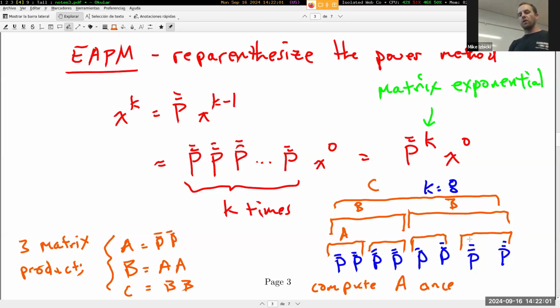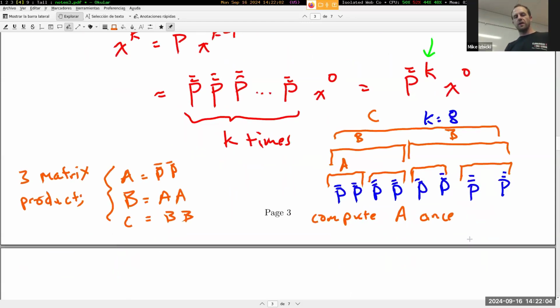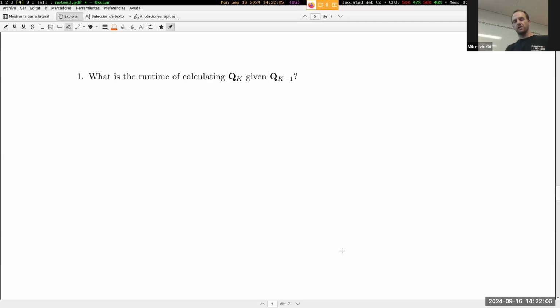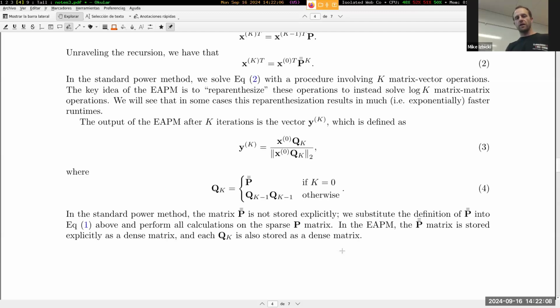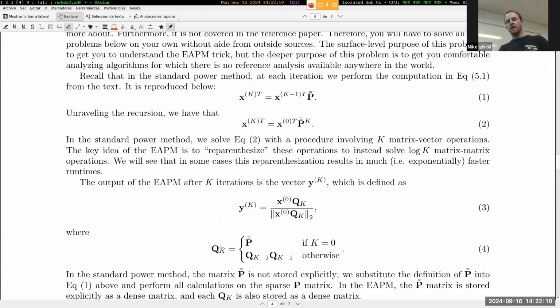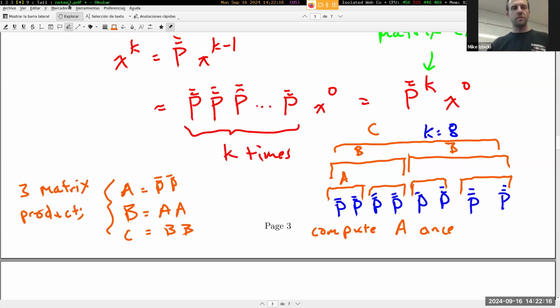The notes down below give you a formal definition of all that. This QK right here, are these A, B, and C values. So A would be Q1, B would be Q2, and C would be Q3 in the notation down below.